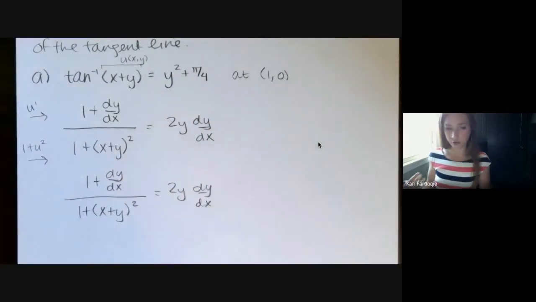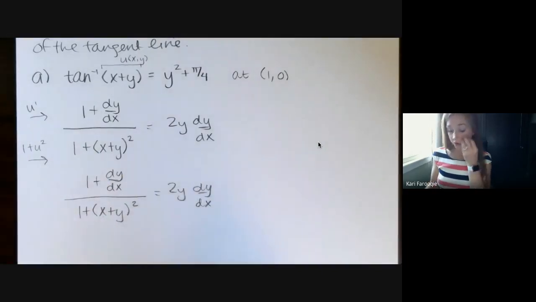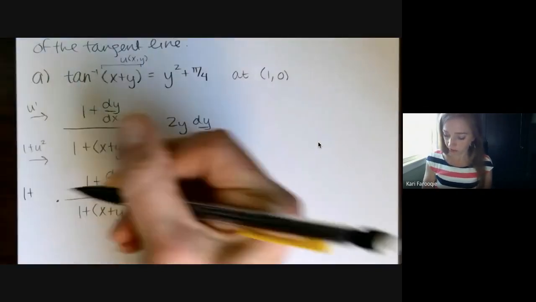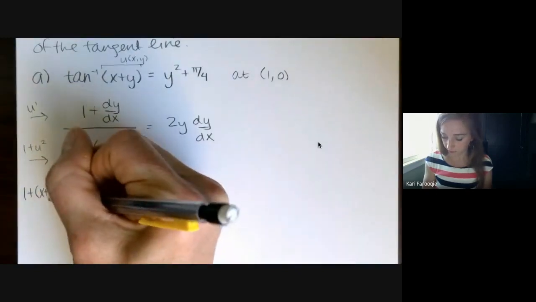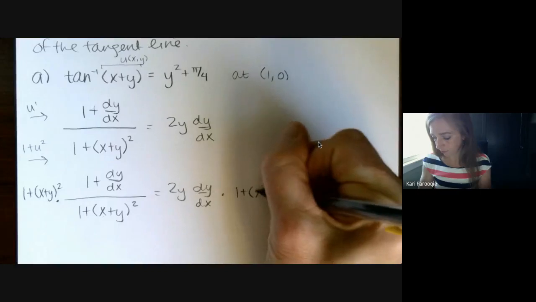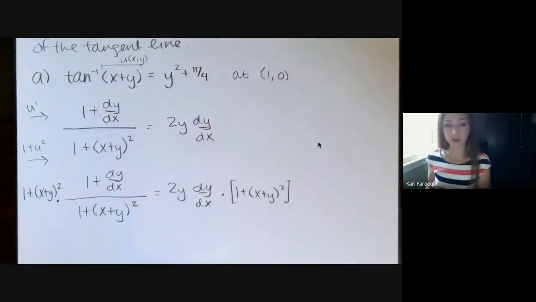To undo the fraction, we're going to multiply both sides of the equation by our denominator. If you want to think about it as cross multiplying, think about it as cross multiplying. But if you want to just multiply both sides of the equation by this quantity, essentially that's what we're doing.